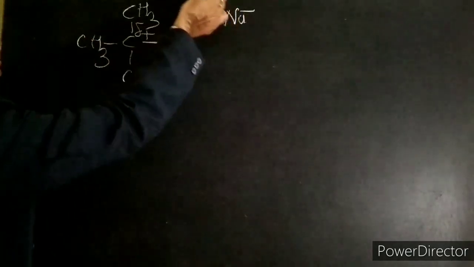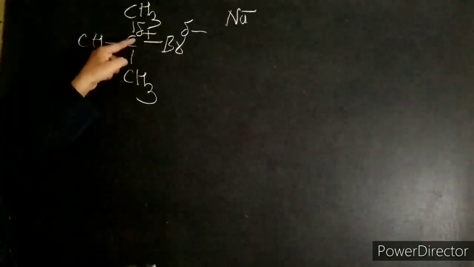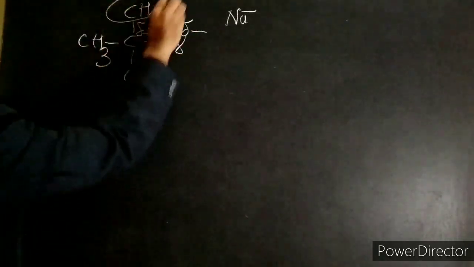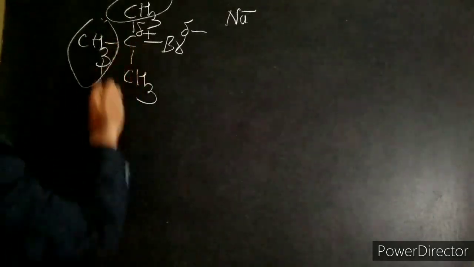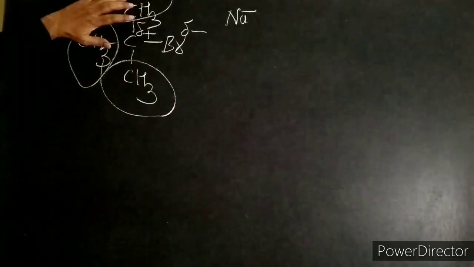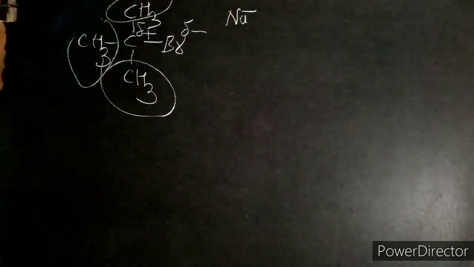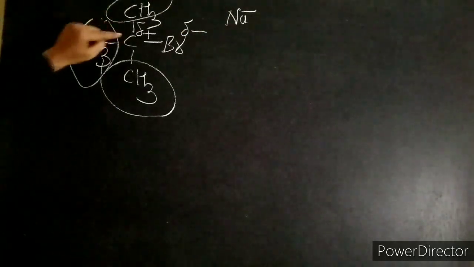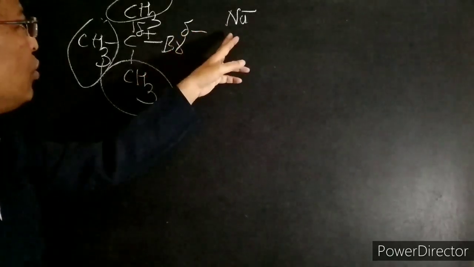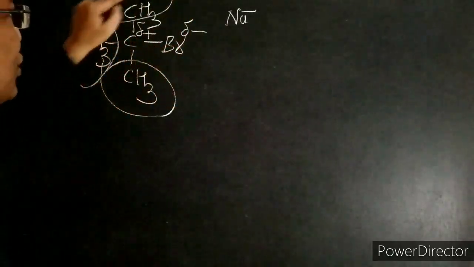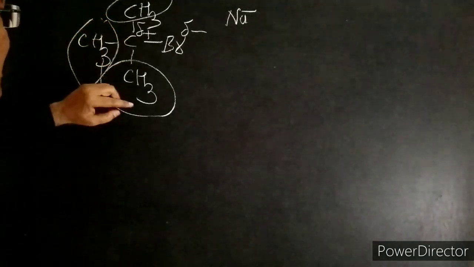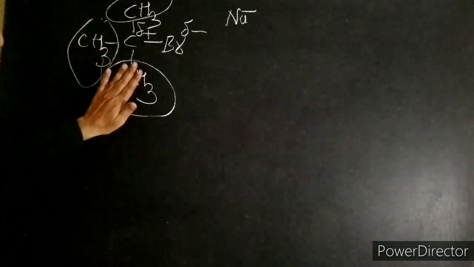If the nucleophile tries to attack the positively charged carbon atom from other sides, these bulky groups cover the carbon atom. They do not allow the nucleophile to attack. As a result, the nucleophile cannot attack directly the positively charged carbon atom when bulkier groups are present on the carbon atom.